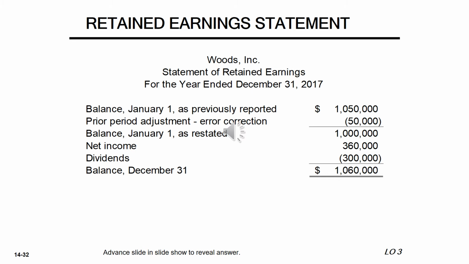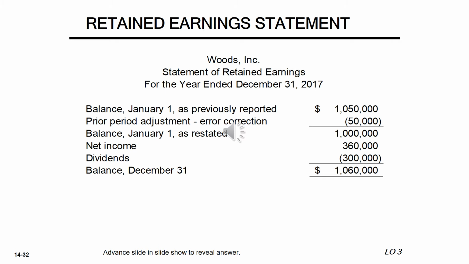But then we're going to adjust it using prior period adjustments. And the justification here is for an error correction. And we're going to deduct that $50,000 that we discovered was overstated in the previous statement. That is going to give us the balance as restated of $1,000,000 only.